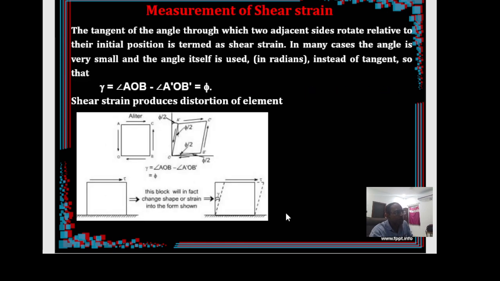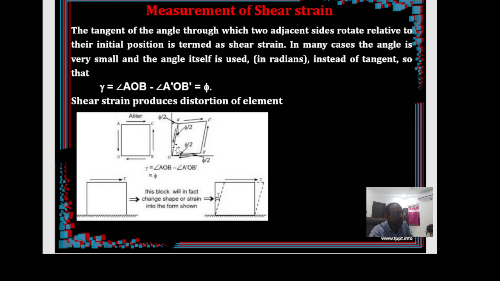Now the measurement of shear strain. Here is a square block, subjected to some kind of shear stress, right? Then how do you calculate the shear strain?